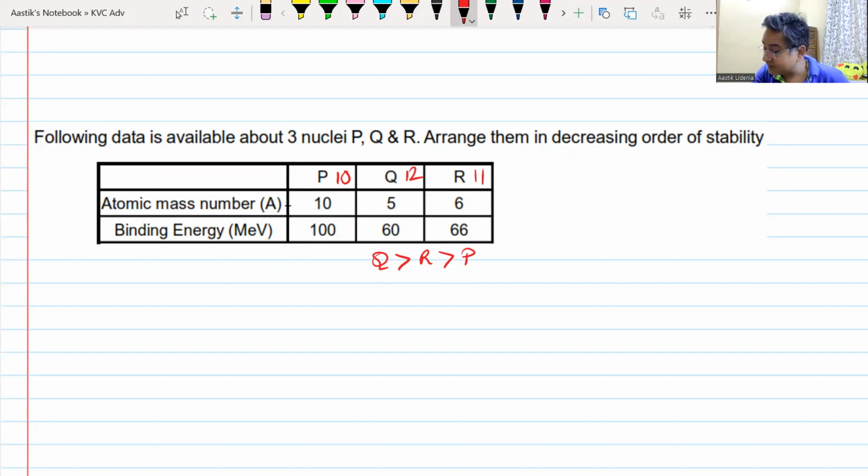Then we come to the next heading, and the next heading is nuclear reaction or nuclear collision. So you can write the next heading, nuclear reaction or nuclear collision.